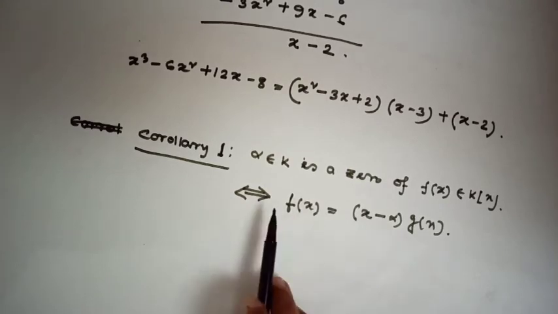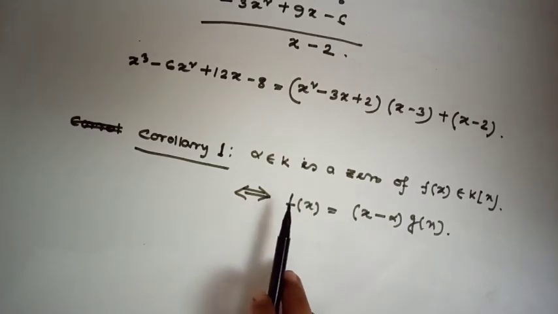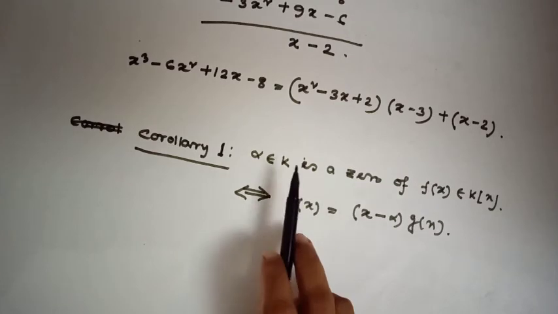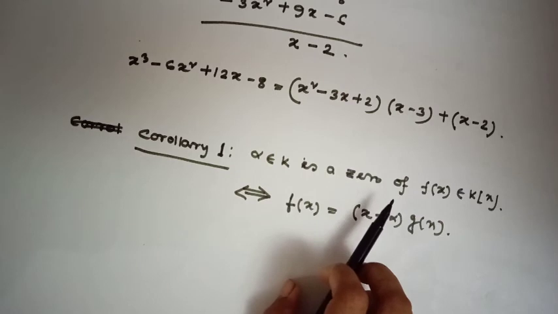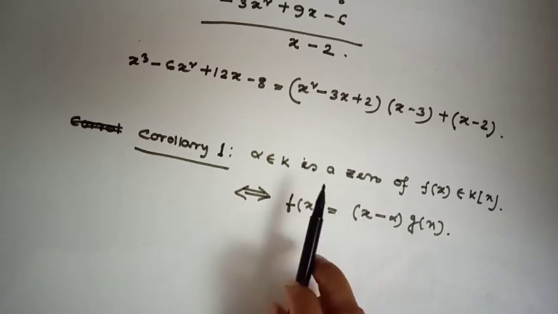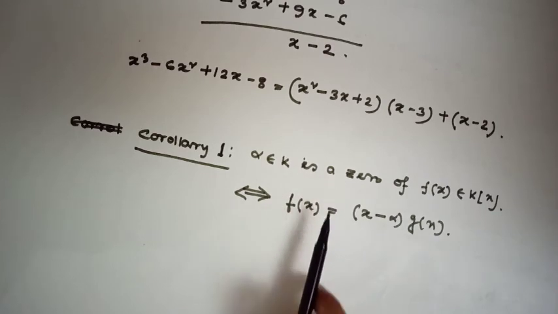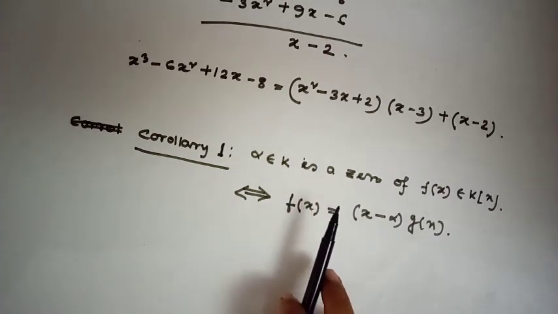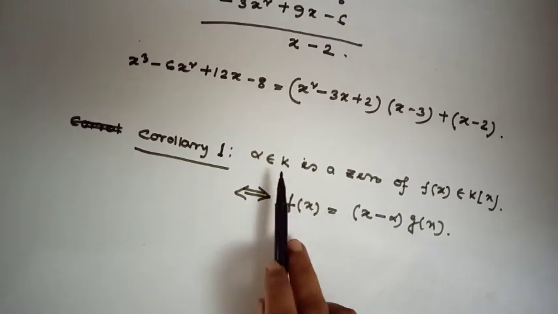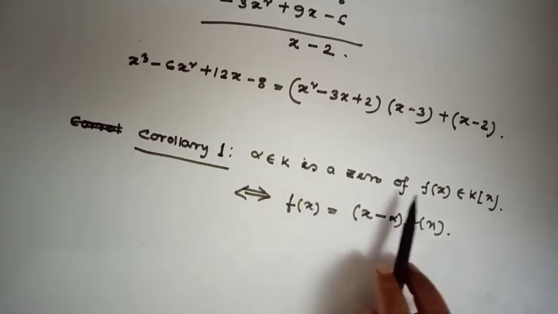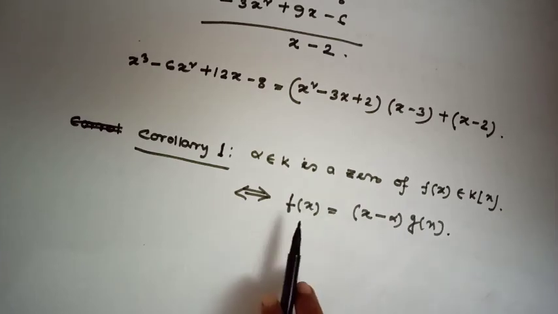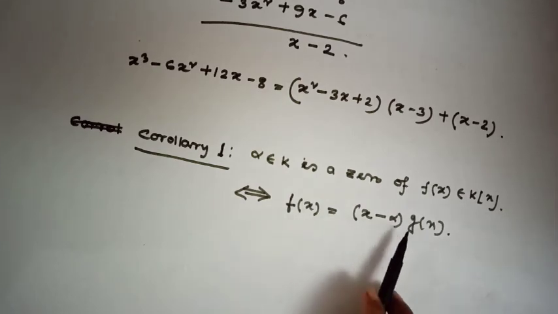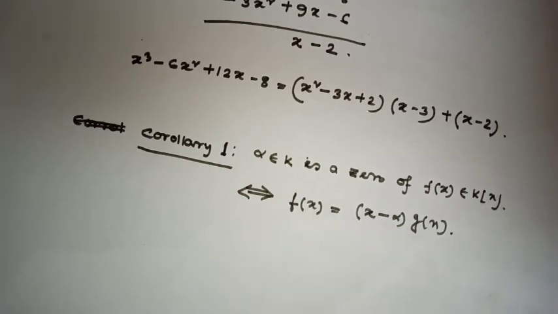Well, now corollary one of the division algorithm is: let alpha belong to K. You all know what is the zero of a polynomial. If alpha is a zero, then f(alpha) equals 0. So alpha belonging to K is a zero of f(x) belonging to K[x] if and only if f(x) equals (x minus alpha) times g(x).